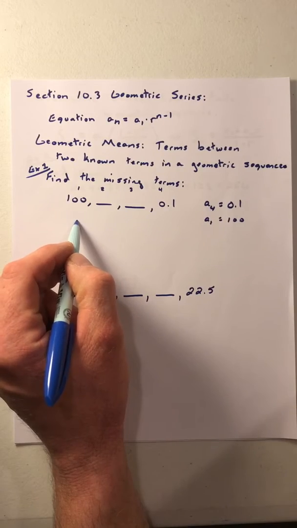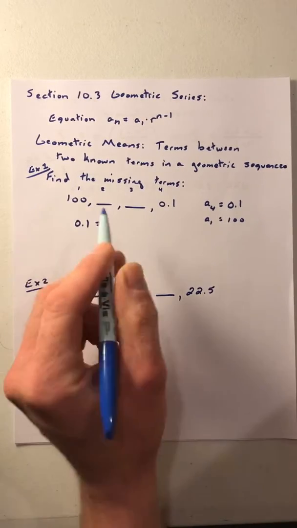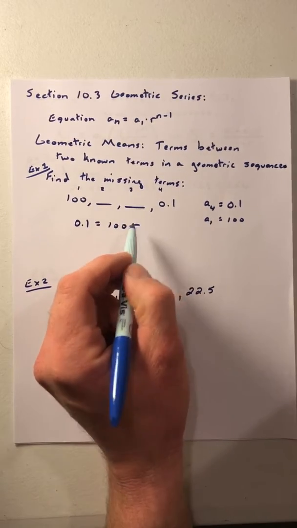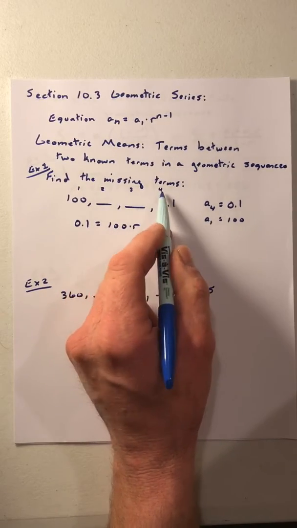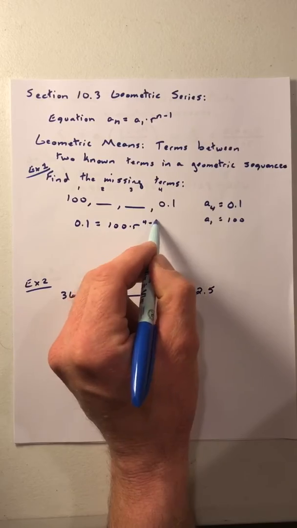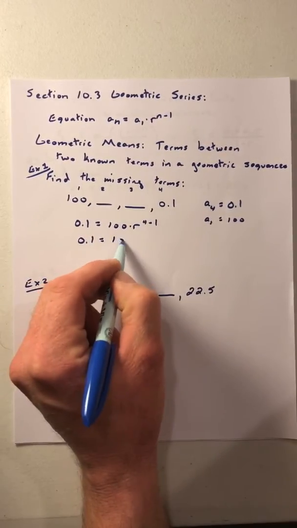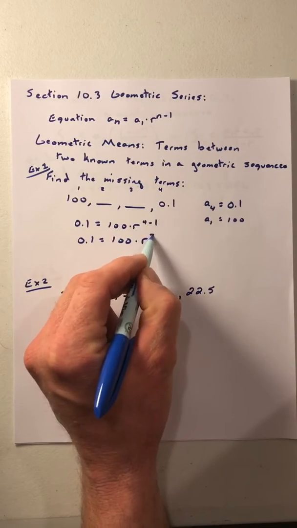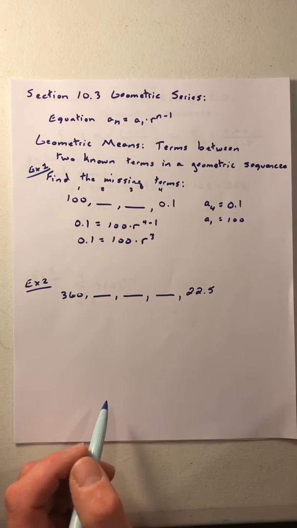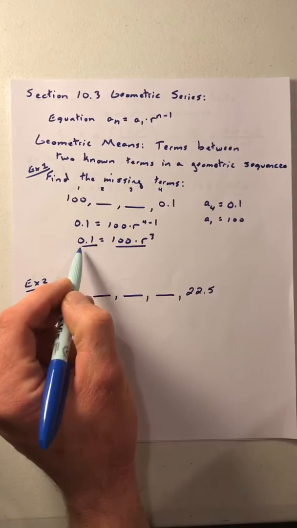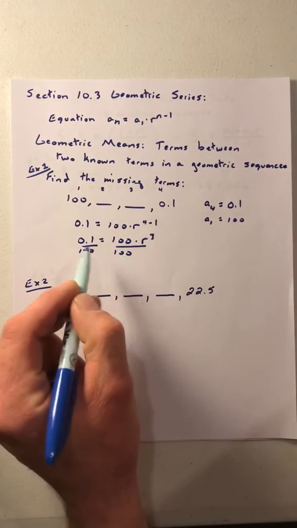So I'm going to have 1/10 equals my first term, 100, times r to the n, well in this case n is 4, since I have four terms, minus 1. So now I have 1/10 equals 100 times r to the third. To simplify this, I'm going to go ahead and divide by 100.